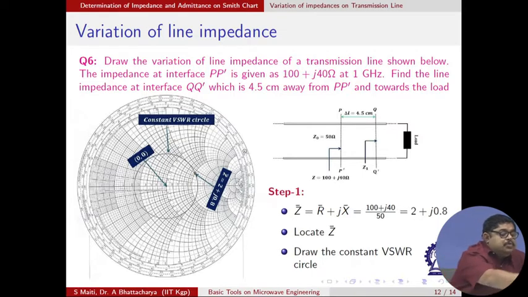Now, at Q dashed, which is 4.5 centimeter away from the PP dash point, towards the load, find the impedance. So first you put this 100 plus j40, then move towards the load by that distance.